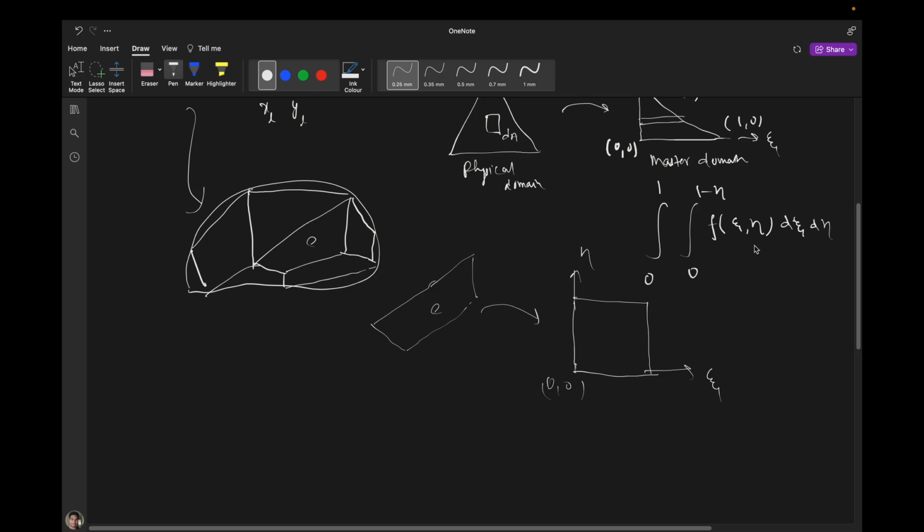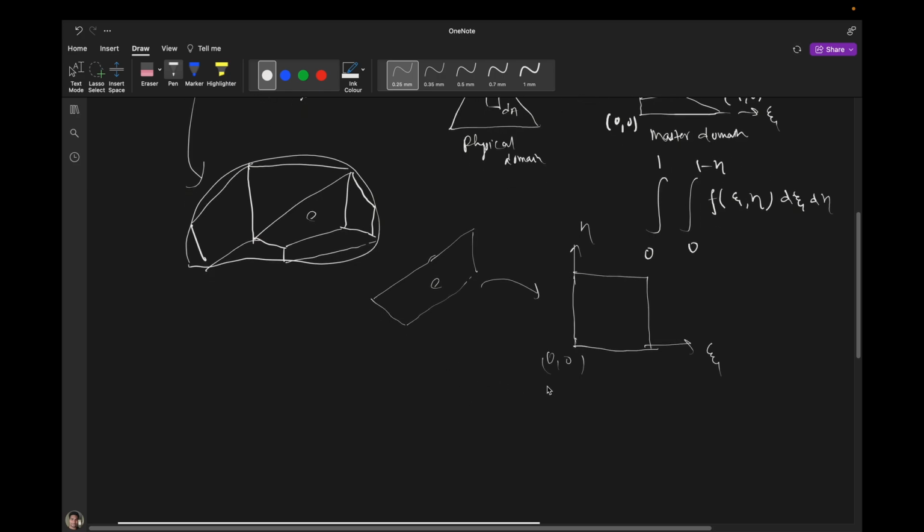Here we can directly integrate from 0 to 1 and 0 to 1 if we are able to convert the integrand into a function of xi and eta.